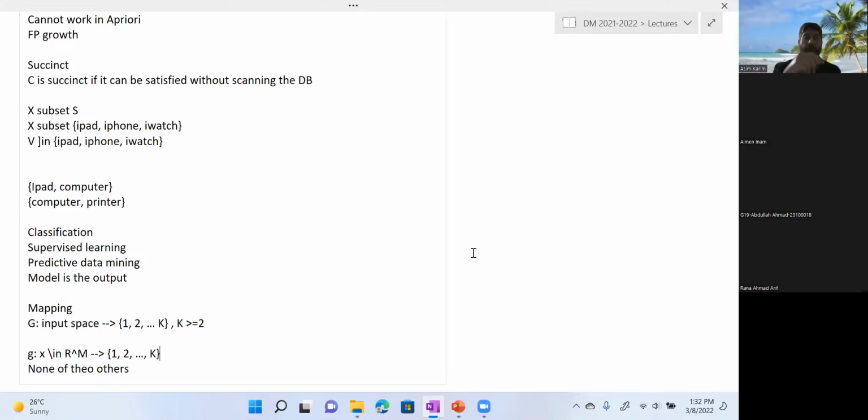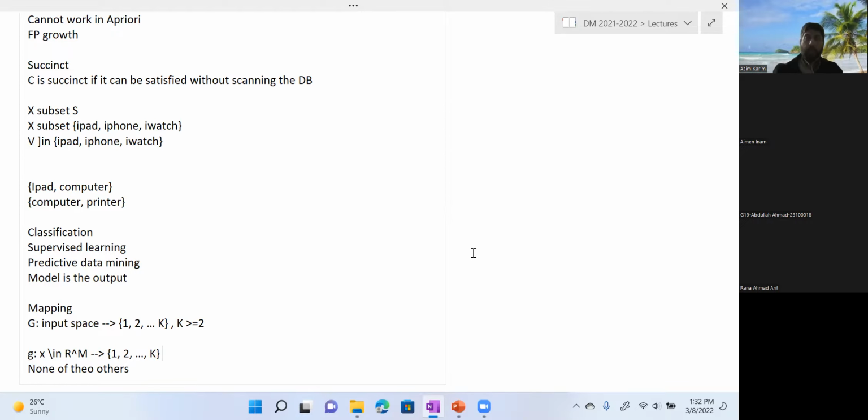So it could be some space which covers your objects that need to be classified. Sometimes we also call this the instance space from a machine learning perspective. You can also call it the feature space. I've written input space here. And then of course the output is from a fixed set, 1 to k.